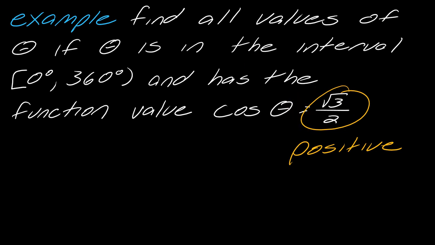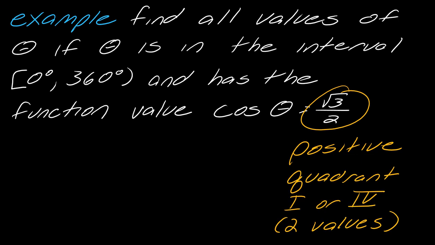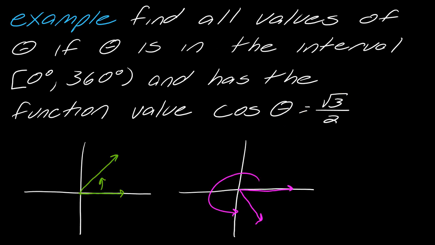Which quadrants? This is only positive in either quadrants 1 or 4. And because this is positive in 2 different quadrants, that means we have 2 different values that we are looking for theta, all right? Okay, so I have quadrant 1 here and quadrant 4 somewhere in here.